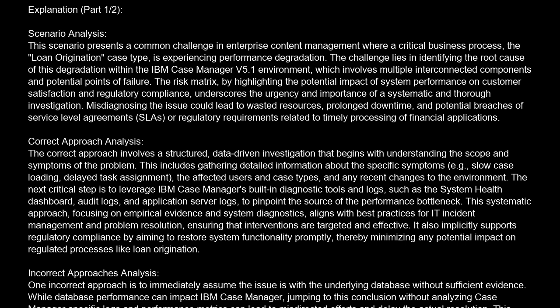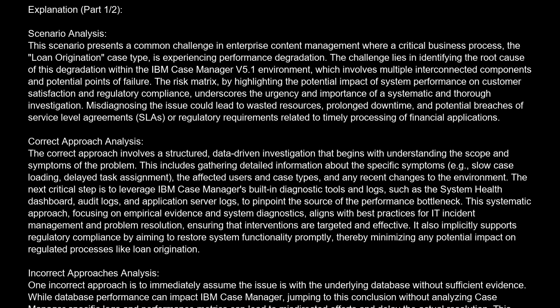Correct approach analysis. The correct approach involves a structured, data-driven investigation that begins with understanding the scope and symptoms of the problem. This includes gathering detailed information about the specific symptoms, e.g., slow case loading, delayed task assignment, the affected users and case types, and any recent changes to the environment. The next critical step is to leverage IBM Case Manager's built-in diagnostic tools and logs, such as the System Health Dashboard, audit logs, and application server logs, to pinpoint the source of the performance bottleneck.